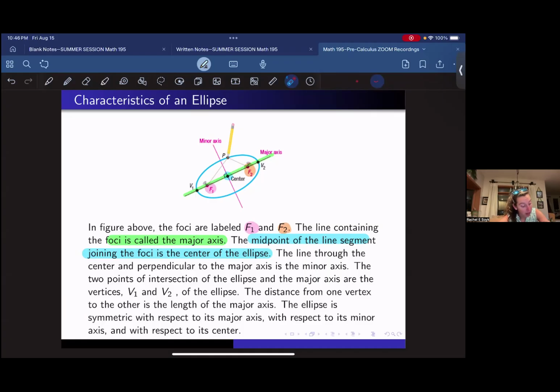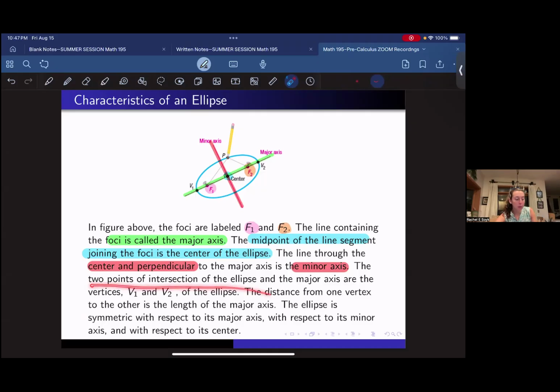We have the line through the center and perpendicular to the major axis is our other axis, known as our minor axis. So why don't we put that in red so you can really see all of these visuals taking place.